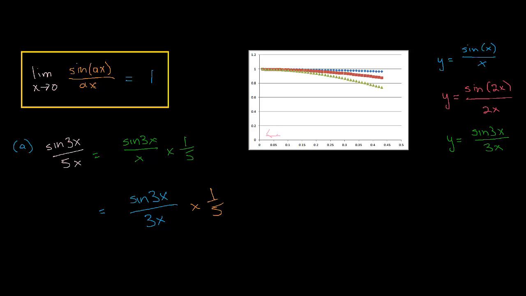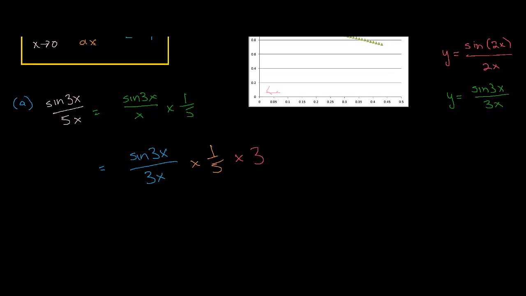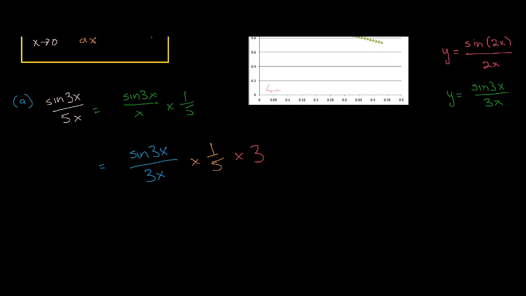Now we've timesed by 1/3 to get this 3 here, so if we times by 3, that will cancel, because we're timesing by 1/3 and then by 3. That means we're just timesing by 1, and timesing things by 1 won't change anything. So what that equals is 3/5 sine of 3x over 3x.